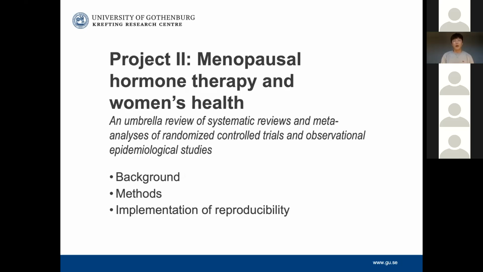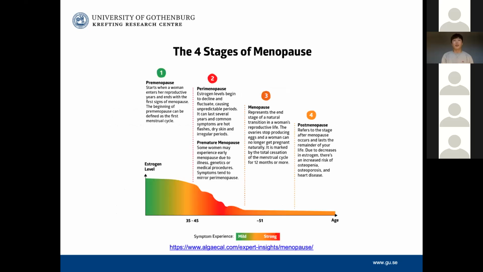One is about background, why we are interested in this specific research question, and what is the evidence currently available, and the methods, how we want to address this research question. Again, there's some brief background information about why we wanted to do this.